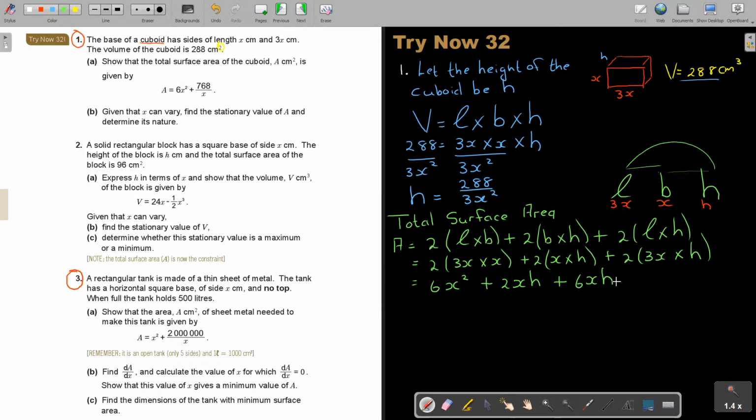Okay, and that's what I get there. So if I simplify this, this is xh, so this can simplify. So it's 6x squared plus 8xh. Okay, remember, it's addition and subtraction. Now substitute, just like we did in the previous. Let's just put another color.